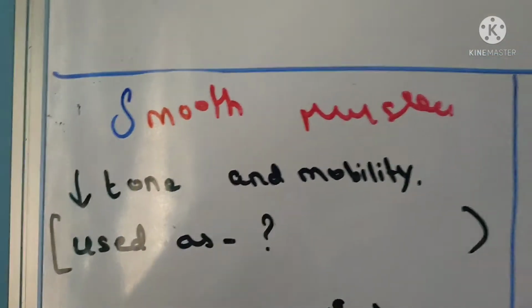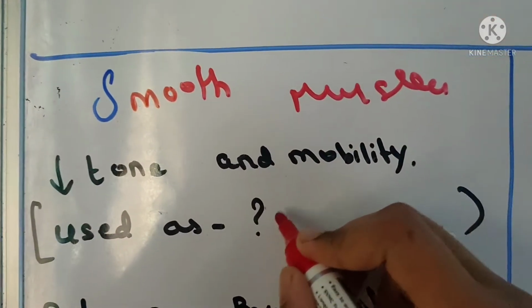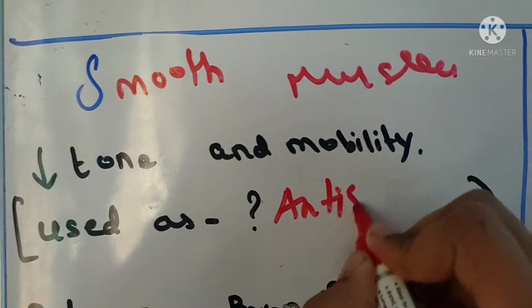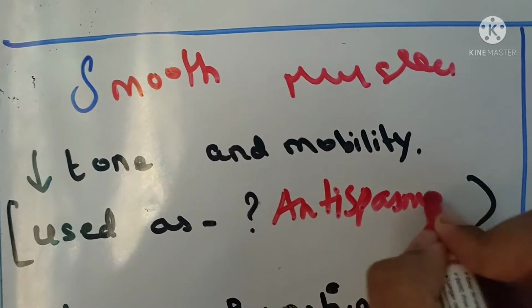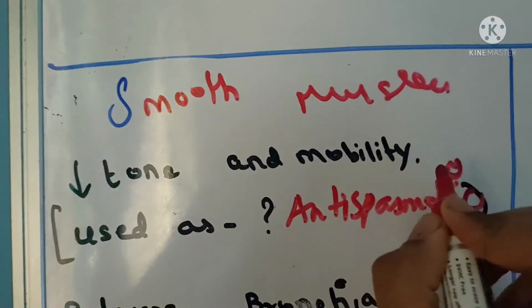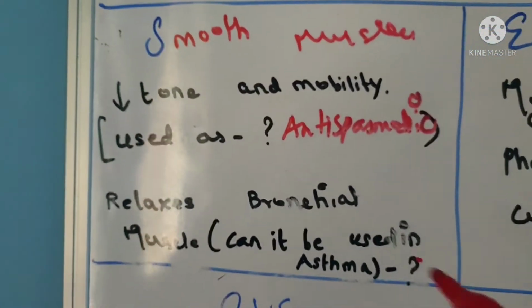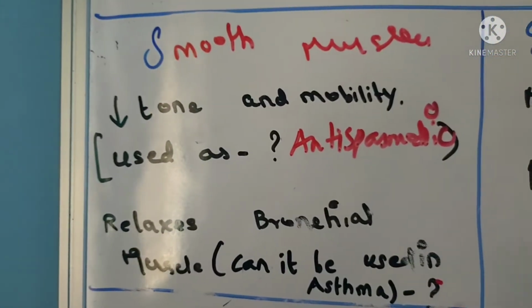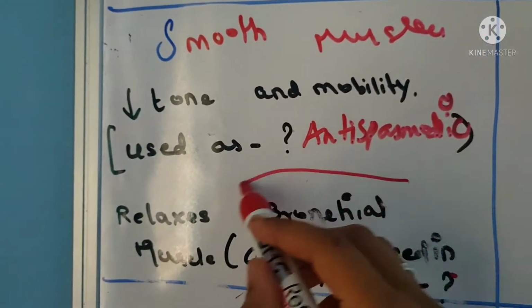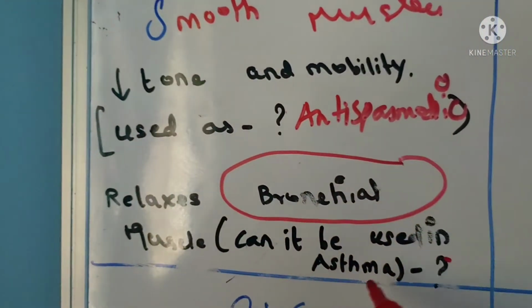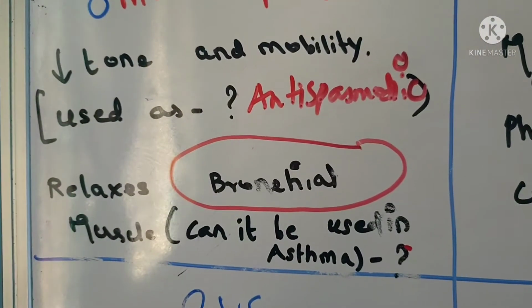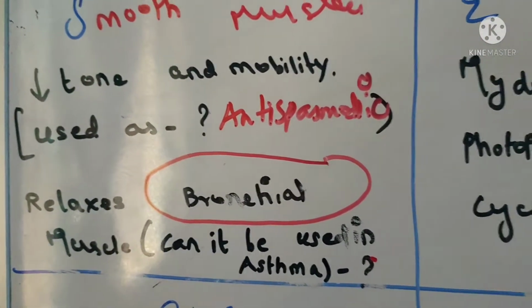So it can be used as an antispasmodic, and it also relaxes bronchial smooth muscle. So can it be used in asthma? You'll find the answer shortly.